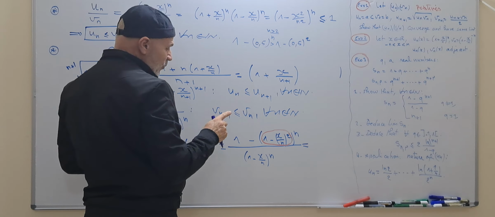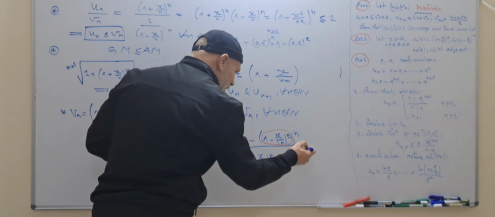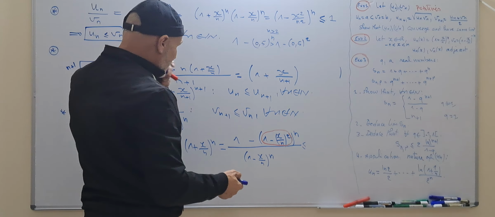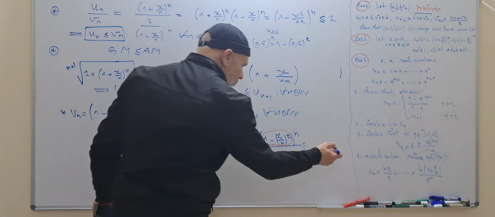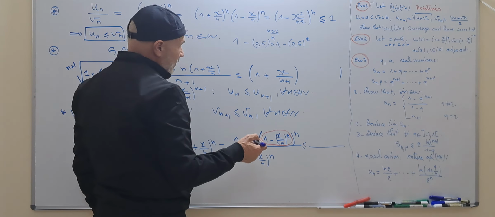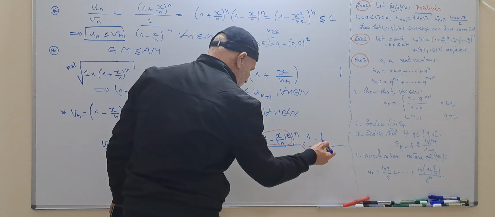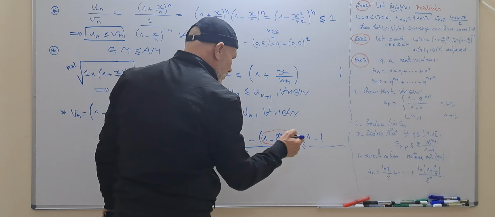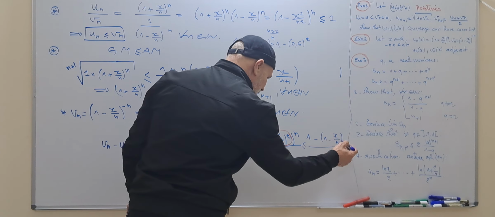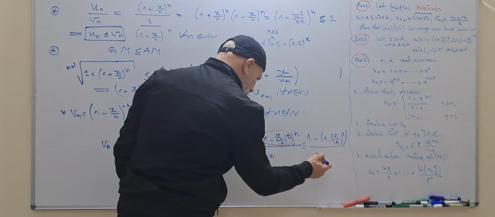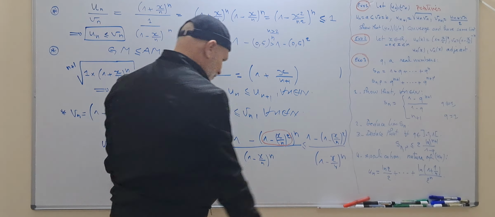What we can say is that this difference is less than or equal to the little one, so 1 minus, without power, so minus (1 - x/n^2) divided by (1 - x/n)^n.